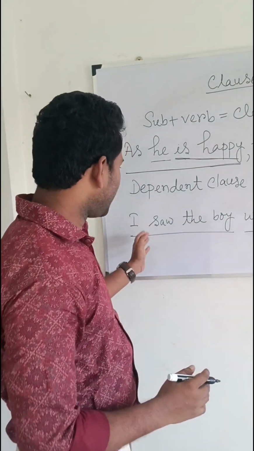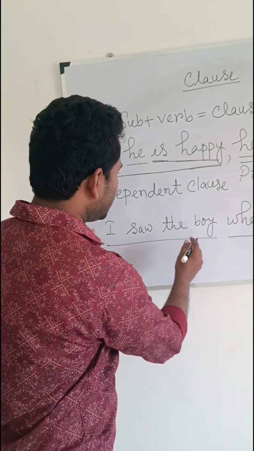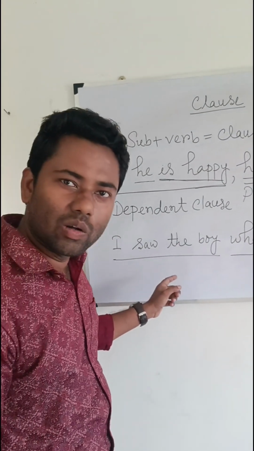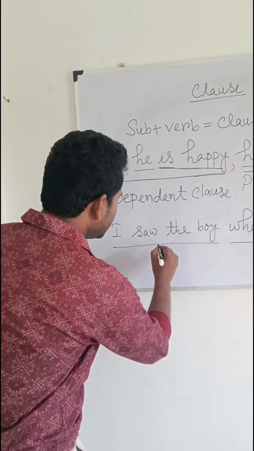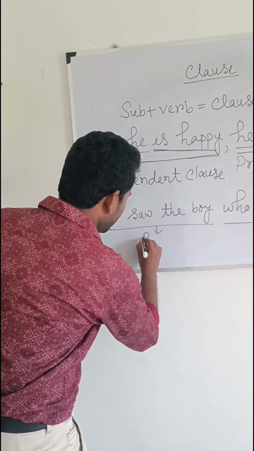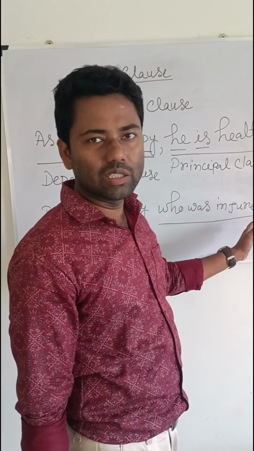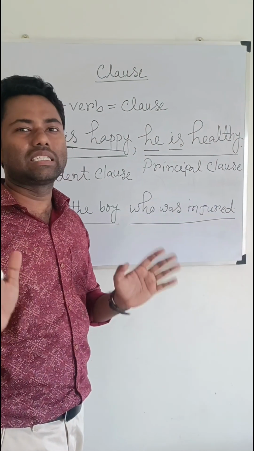But see, the first part, I saw the boy. This part or rather this clause can stand alone and makes a complete sense. So this is principal clause, and this part, who was injured, cannot make complete sense.